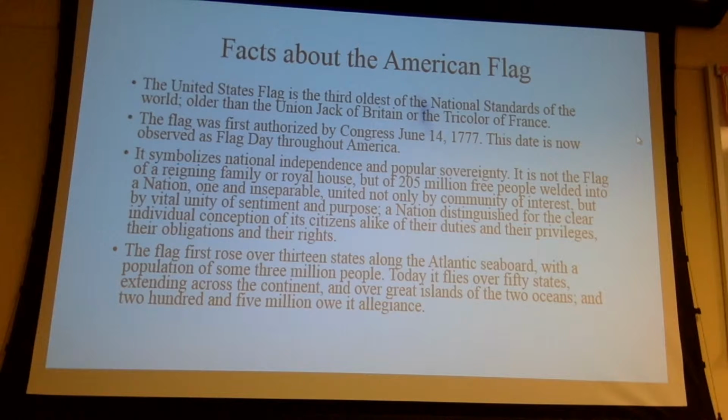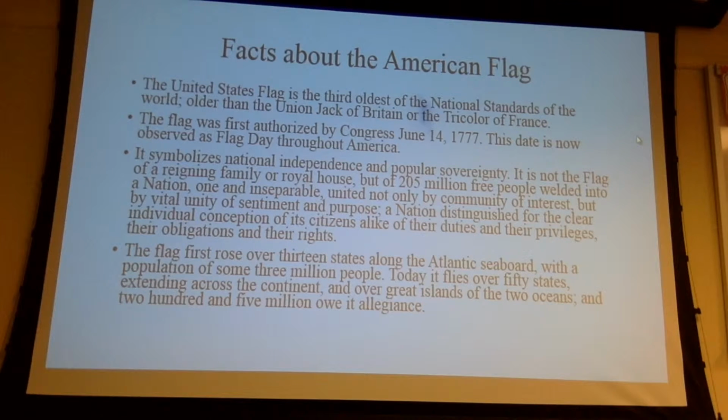It is not the flag of the reigning family or royal house, but of 205 million free people welded into the nation, one and inseparable, united not only by a community of interests, but the vital unity of sentiment and purpose. A nation distinguished for the clear individual concept of its citizens, alike of their duties and their privileges, their obligations and their rights.